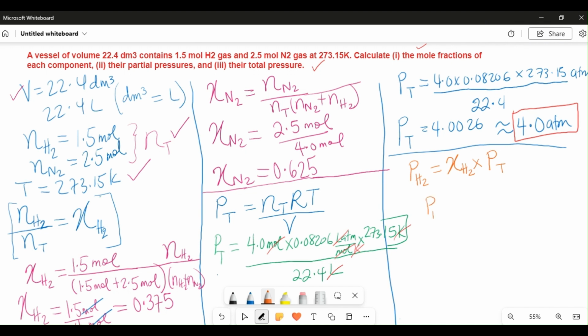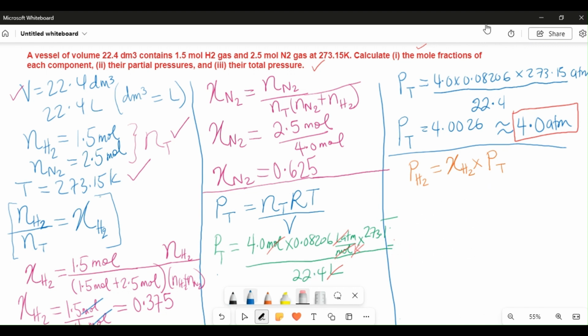Remember how I told you pH2 divided by P total equals the mole fraction of H2? This is how you can do this as well. We rearrange that formula, solving for the partial pressure of hydrogen, to get the formula that we're about to use here.